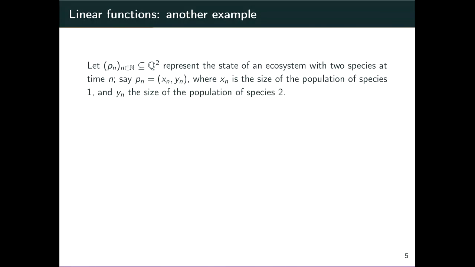Okay, so we'll look at another example now. So we're going to let Pn be a subset of Q squared, and it's going to represent an ecosystem with two species at, say, time n. So we're going to start at maybe time 0 or time 1, depending if this is going to include 0 or 1. And we're going to say xn is the population of species 1, and yn is the population of species 2 at time n.